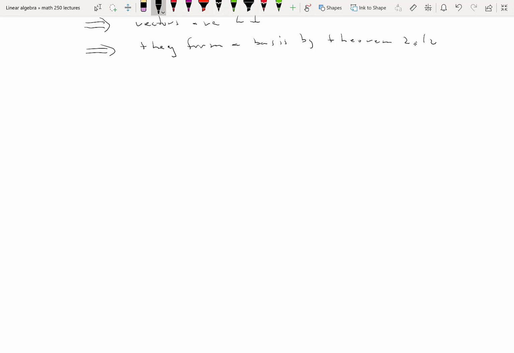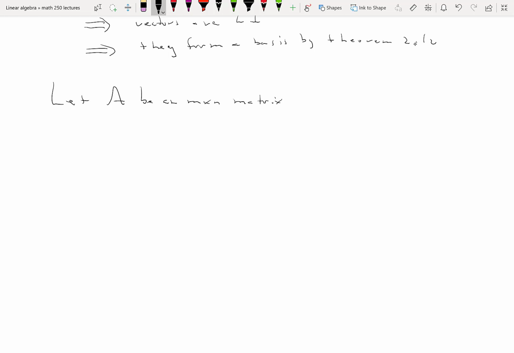One of these vector spaces we've looked at already. All 3 of these subspaces start out with an M by N matrix. So let's let A be an M by N matrix.